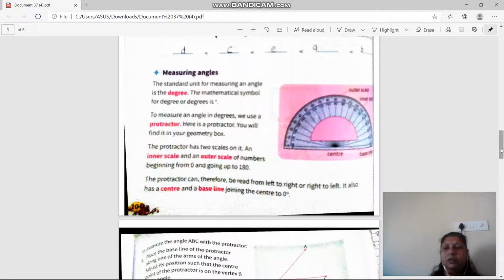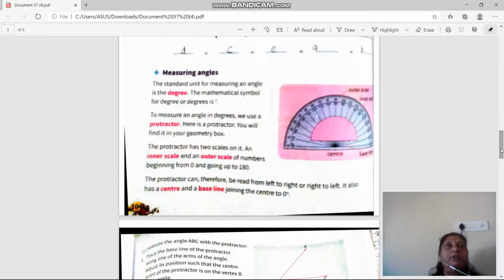Measuring angle. To measure the length of a line segment, we use a ruler. Most of the time we use a compass or divider also, but commonly we use the scale, or we can say ruler, to measure it. Different standard units are there.